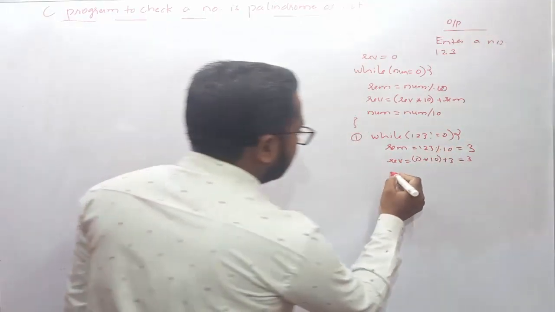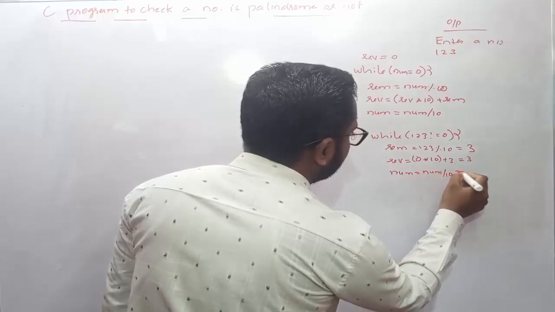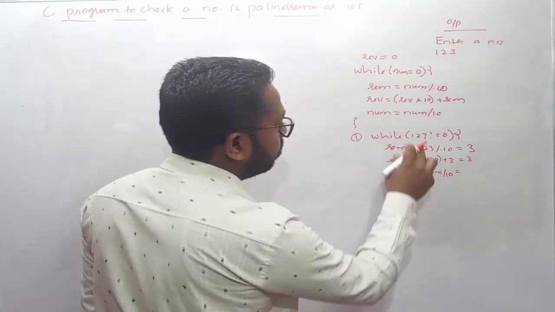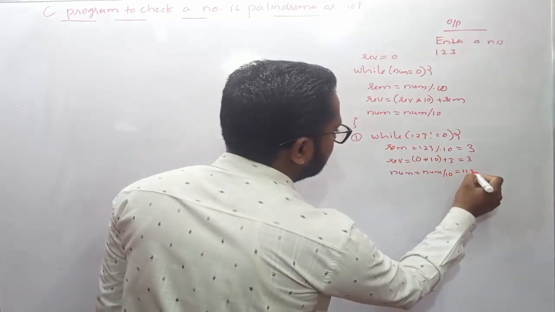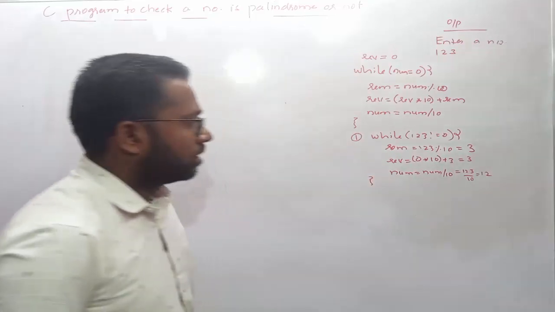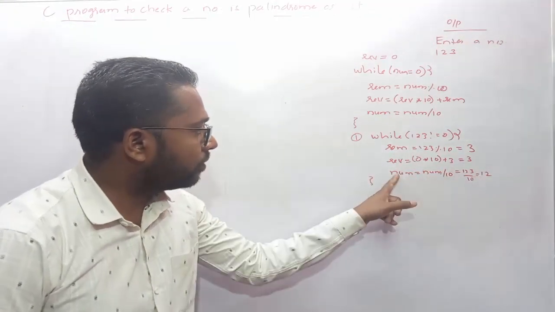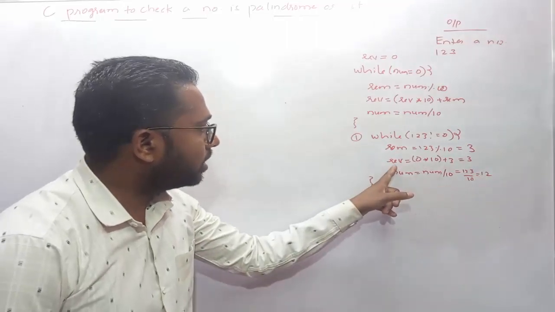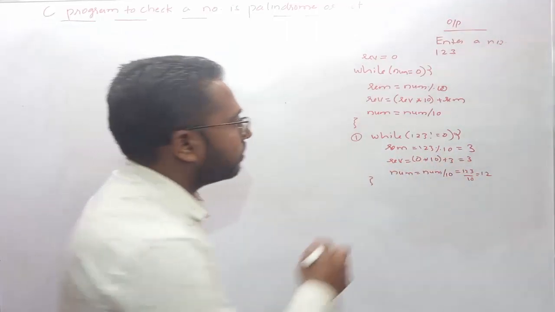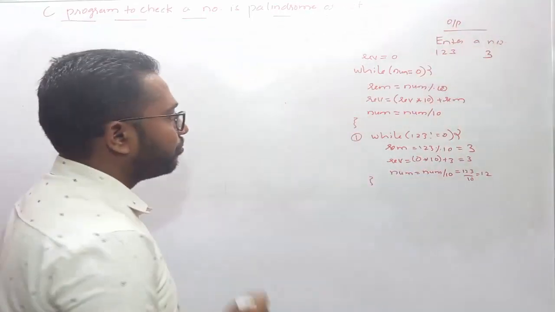Then the next step is num equals num by 10. The value of num is 123. 123 by 10 is equal to 12. Now after performing the first iteration, we have got the value of num as 12 and the reverse value is 3.